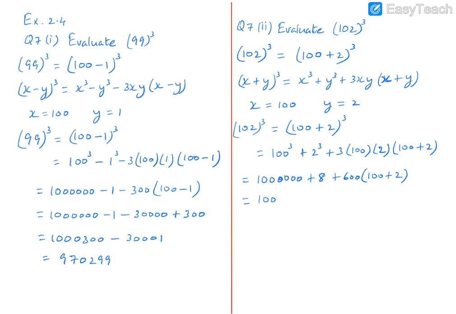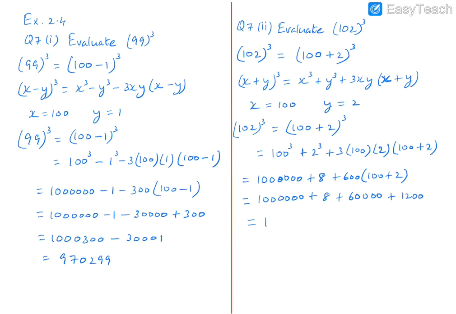So now that will be 100. So that's 1 million or 10 lakh plus 8 plus this will be 60,000. Plus 600 into 2 is 1,200. So we just need to add these numbers to get our final answer for 102 cube. So it is 10 lakh plus 8 plus 60,000 plus 1,200.